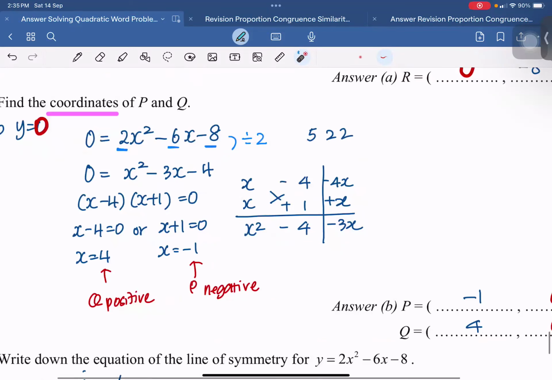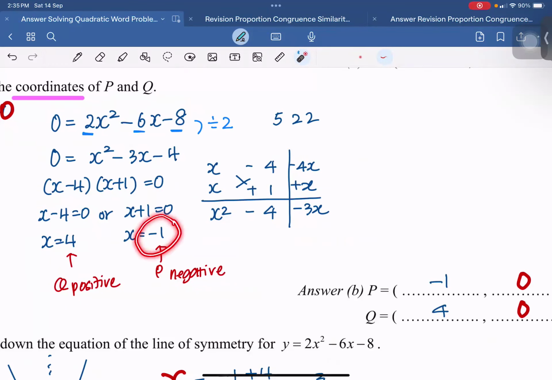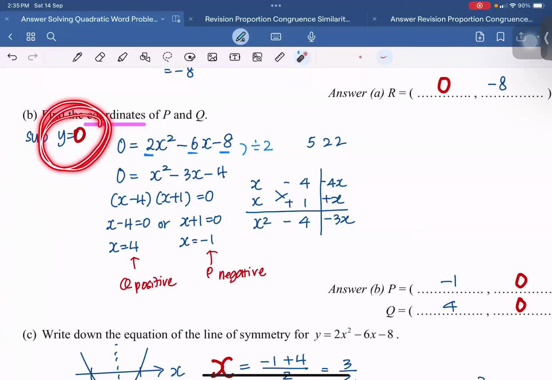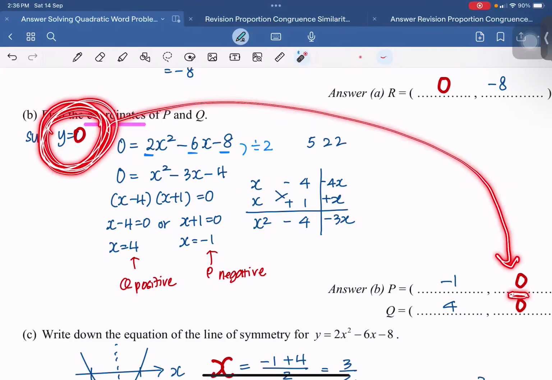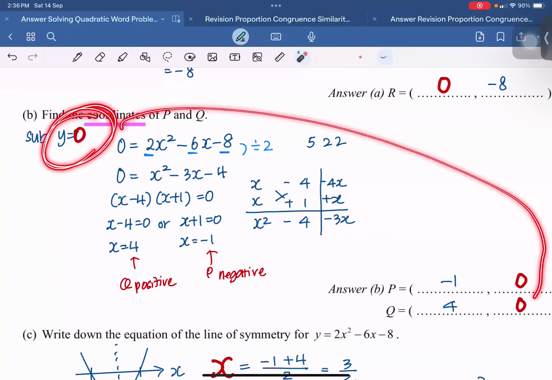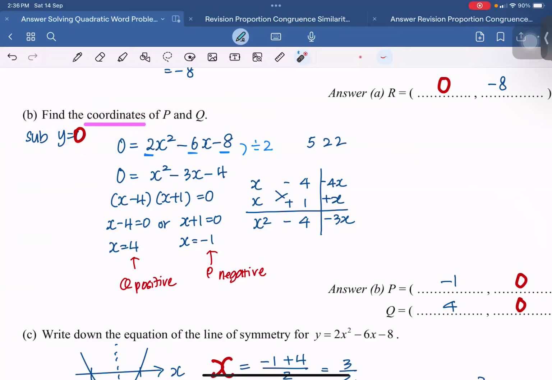So for point P, the x value is negative 1. But remember, our y is 0. Yeah, thank you very much. I'm a bit too fast to say out the answer. Then the other point, x is 4 and y is 0. So we got coordinates for these two.